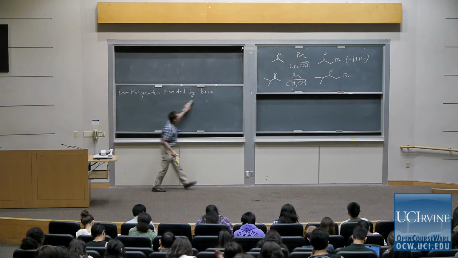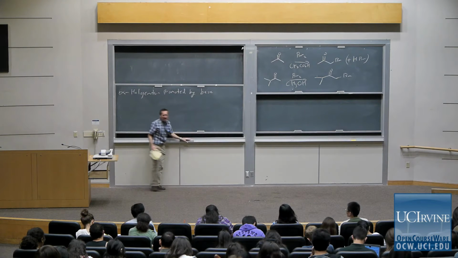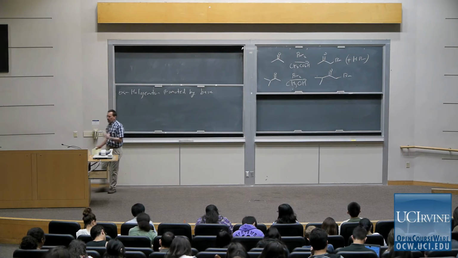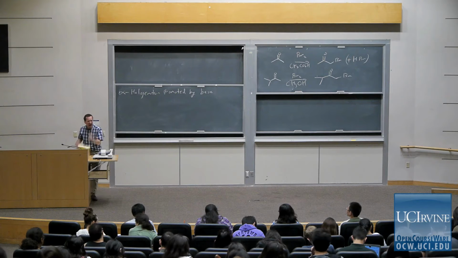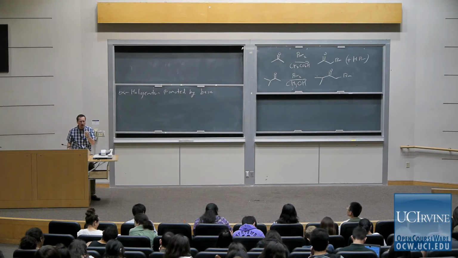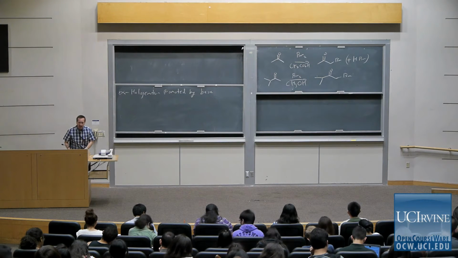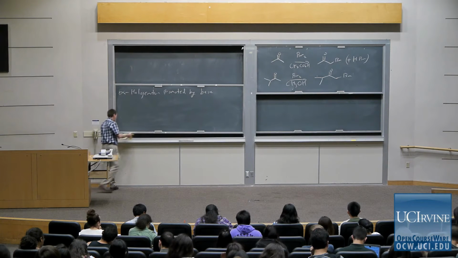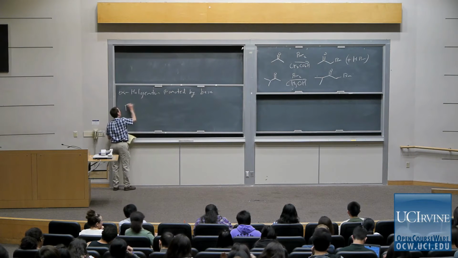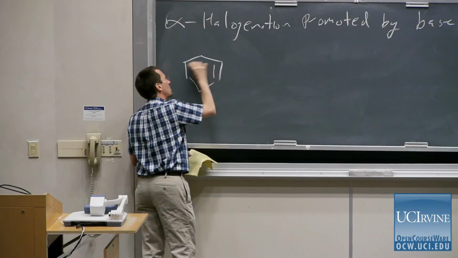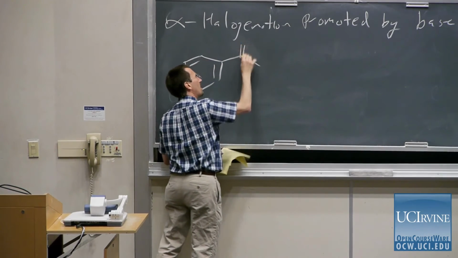Synthetically, this is a less useful reaction. And remember, organic chemists tend to be control freaks. We like to control reactions and make them do what we want to do. Synthetically, often enolate chemistry ends up being a little less controlled in the halogenation manifold.